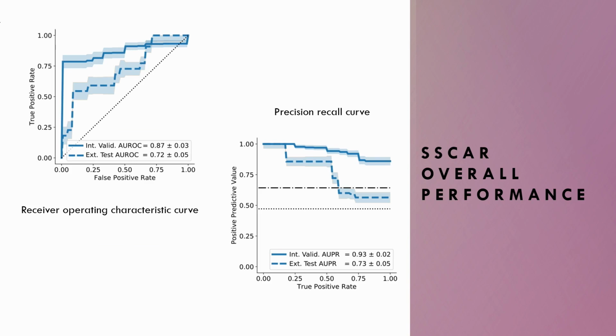So here are the results for the performance of this scar-based predictor. This is the receiver operating curve. You can see the very high performance, actually, and the precision recall curve. Now, this is the internal development cohort. This is the external validation. You can say, well, maybe that's not as high.